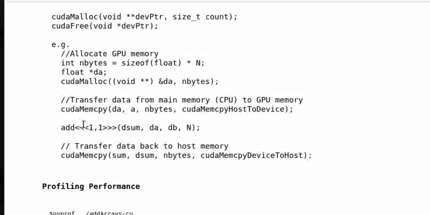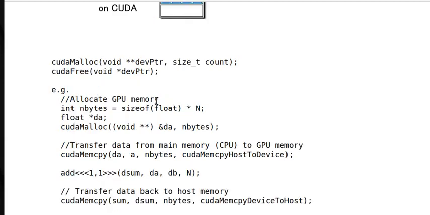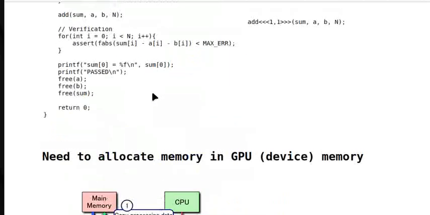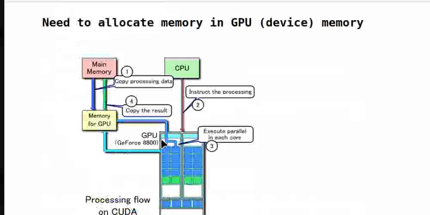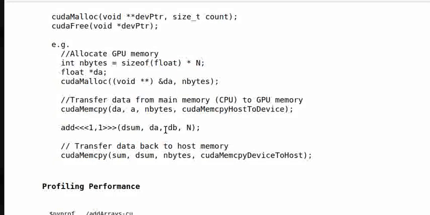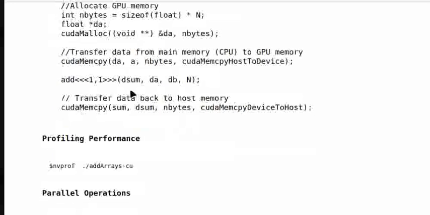And after we have allocated the memory, we need to transfer the data from the main memory to the GPU memory, because the data is in the main memory. The transfer can be done using this command cudaMemcpy.